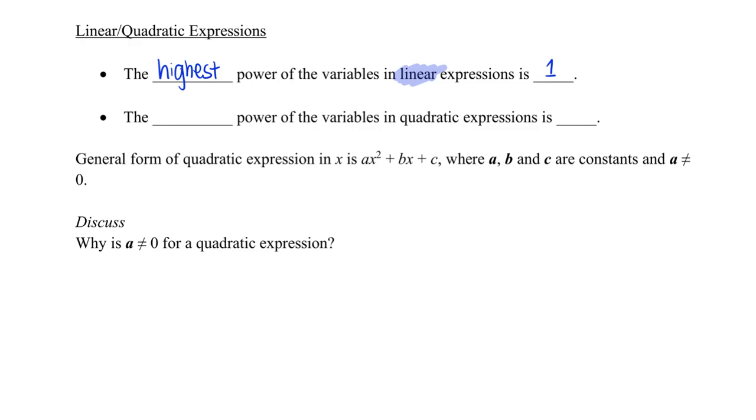So for example, x plus 2 is a linear expression because the highest power of the variables, in this case x, is actually 1. Okay, so that is the highest power there.